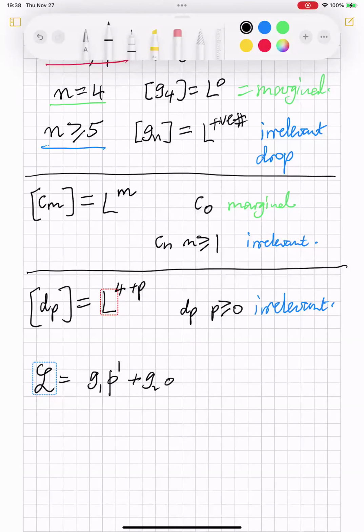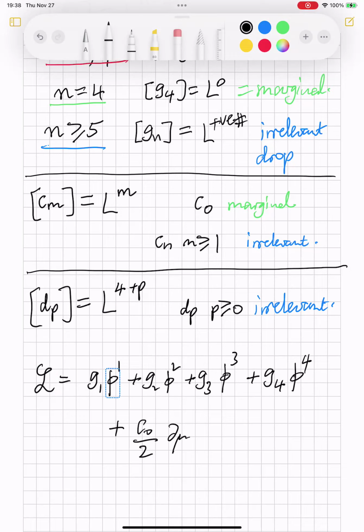We've got a term quadratic in phi. We've got a term cubic in phi. So those are the only terms that were relevant. And then as far as marginal terms go, we had a term that was phi to the 4, and we also had a C naught over 2 and a d mu phi, d mu phi.